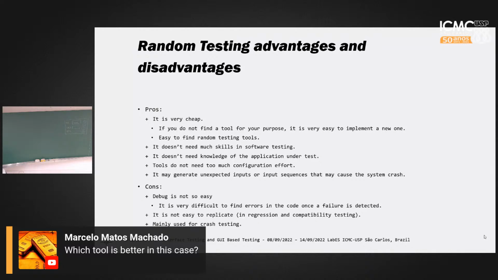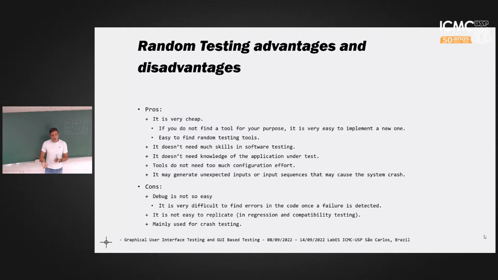Which tool is better in this case to perform this? Okay, it depends. It depends if you are testing the single function or if you are testing the GUI. For the single function, there are different tools like Randoop or EvoSuite that generate random values. As an example, you can define how to select at random the three points of the isosceles or equilateral triangle.